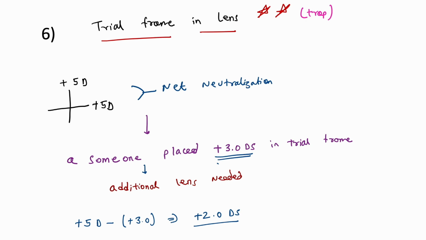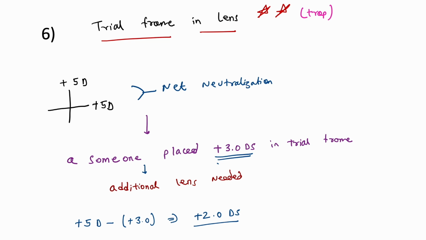Let's suppose the net power after the working distance comes out to be +5 diopter in both the axes, vertical and horizontal. The question mentions that somebody has placed a +3 dioptric lens in the trial frame. Now, how much additional lens power is required? It is simple.